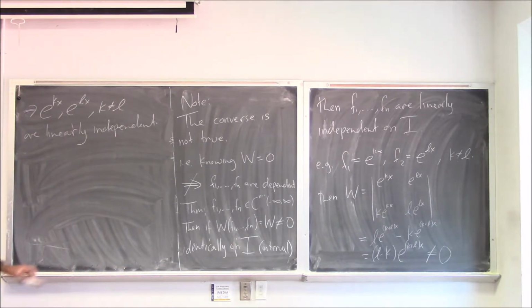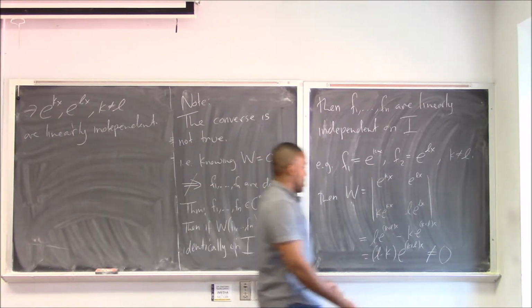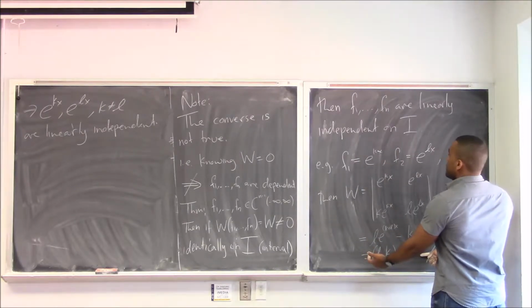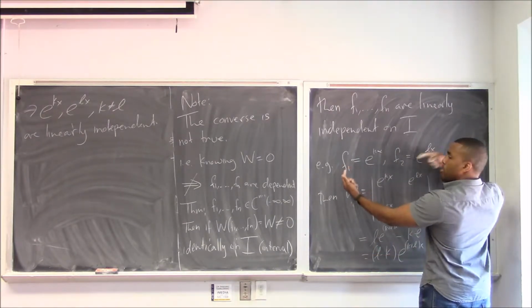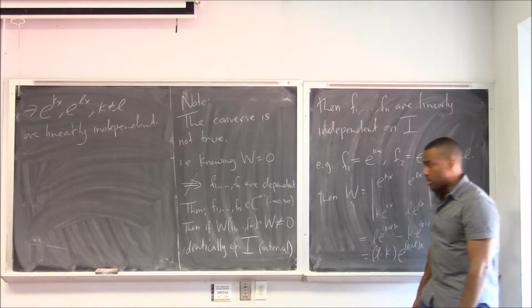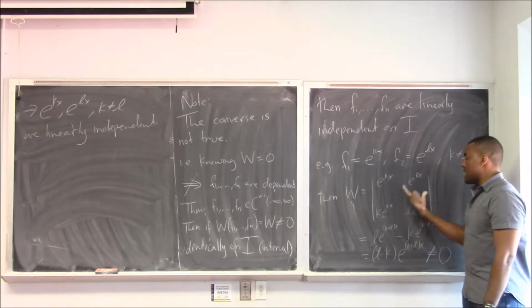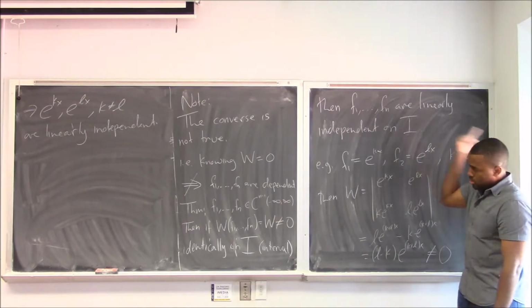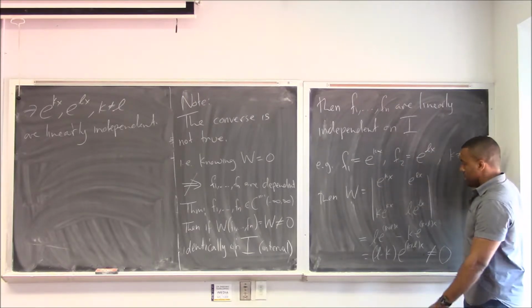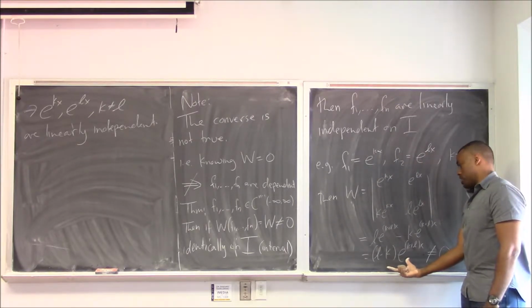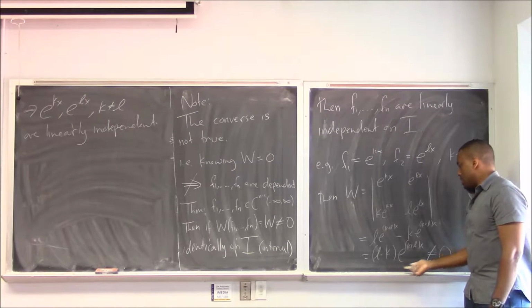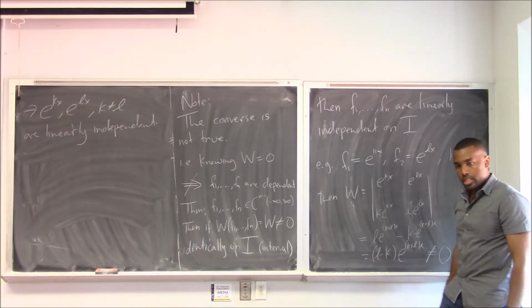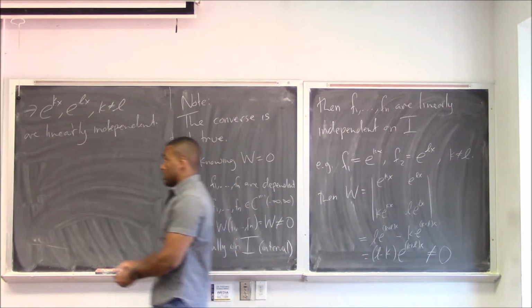And oftentimes, worrying about this single expression is easier than worrying about a linear combination involving all the expressions, right? You can use the Wronskian to condense this entire equation, with a bunch of expressions and a bunch of coefficients, into a single function, and knowing about that function can tell you whether the functions are linearly independent or not.